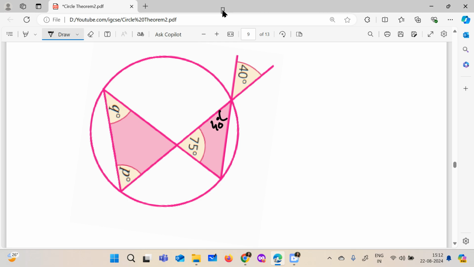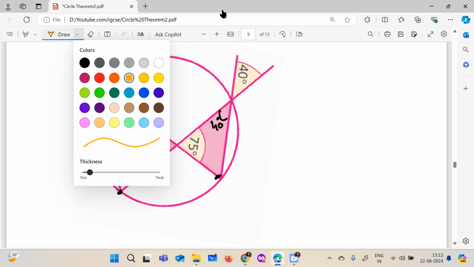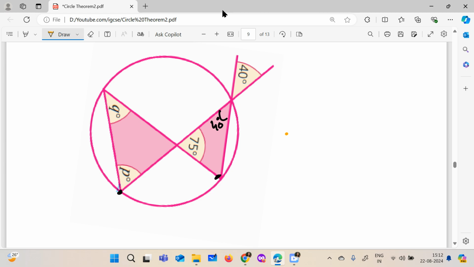Now you see that from these two points you have this angle like this, and from these two points you have another angle like this. This is one segment, and Q is in the same segment.